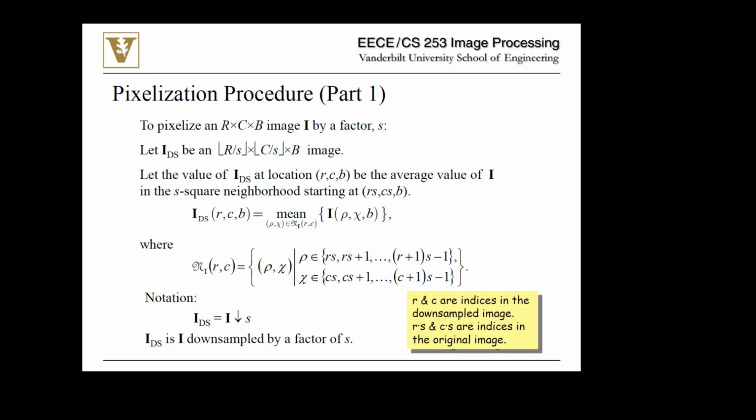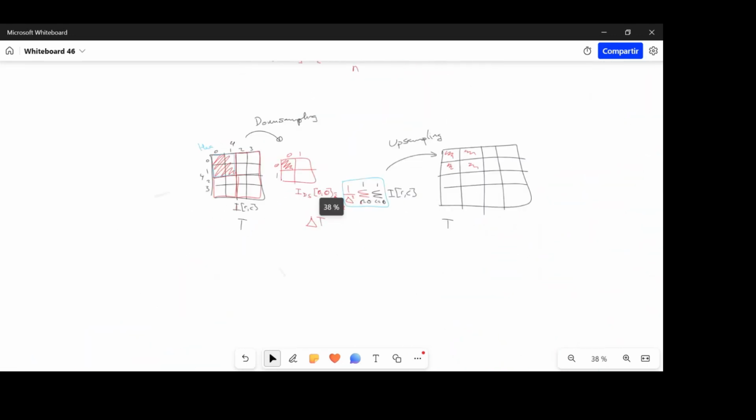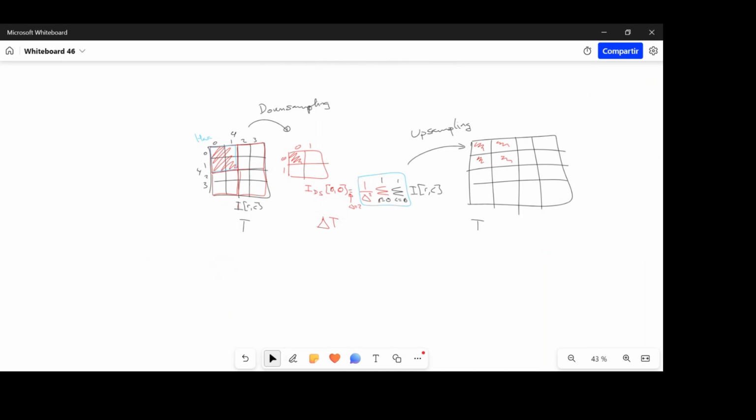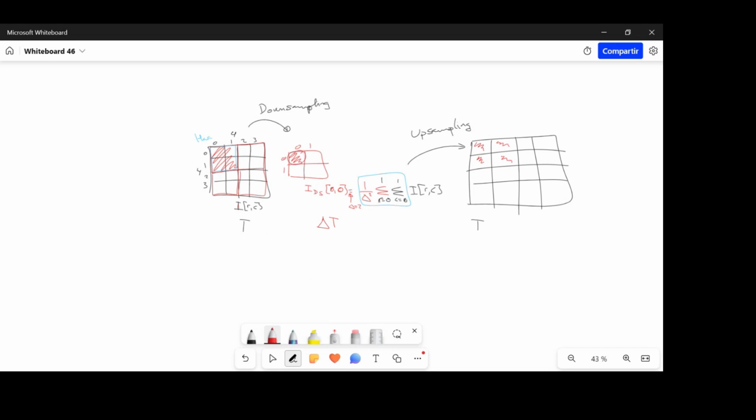So let's see. Here we have, but this is for the bands, an input image with rows and columns. And then what we are doing is the mean over these rows and columns for all the neighborhoods in the image I, all the pixels in the neighborhood corresponding to RC. It is simply saying this operation here. We have an RC pixel.